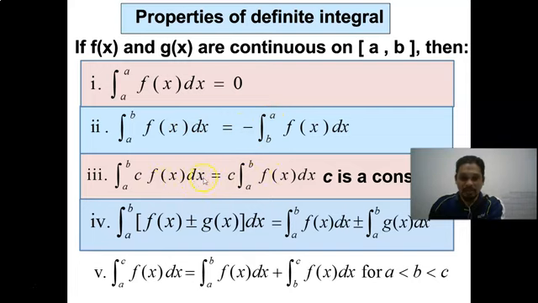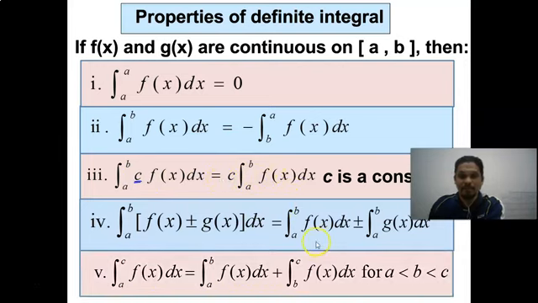And then for property number 3, we have c, a constant, so we take the c outside, and then we integrate the function f(x). The rest of it is just the common properties.